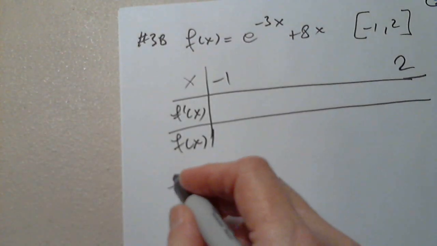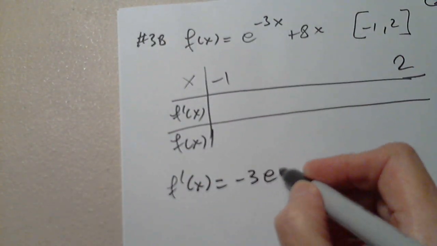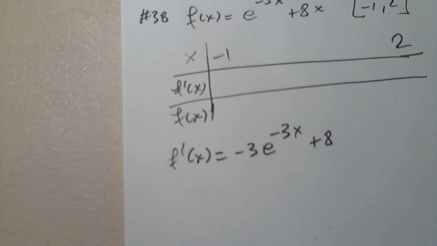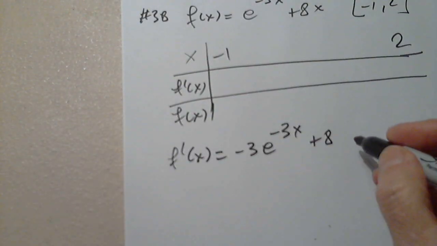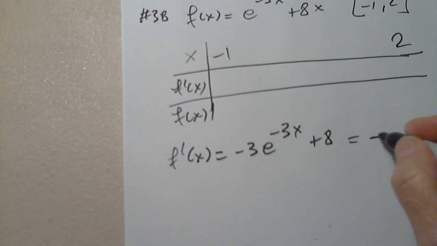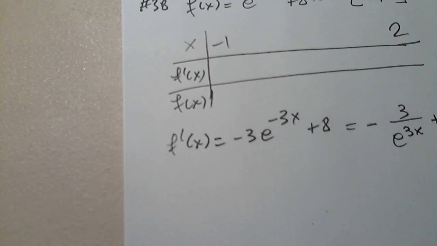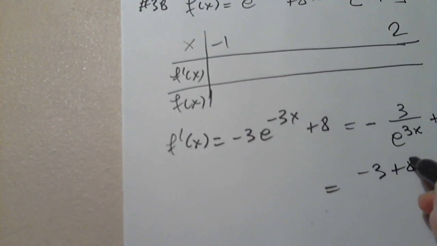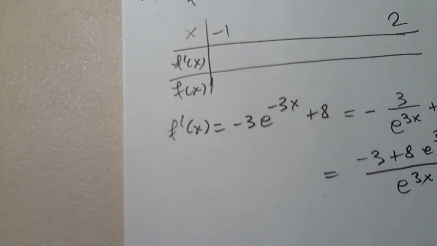So I have to find f prime. F prime of x, when I differentiate, I get -3 e to -3x plus 8. I set this equal to 0, changing it first like this. Let me just rewrite it as -3 plus 8 e to 3x divided by e to 3x.